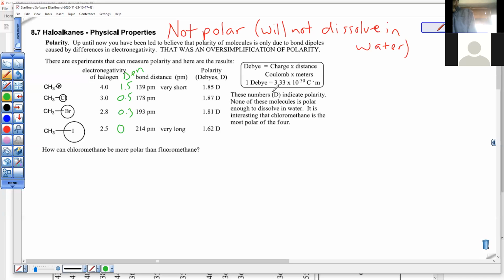In fact, the units of polarity are called debye. It's two factors that are equally important. Charge, so the amount of charge, is dependent on the electronegativity difference.